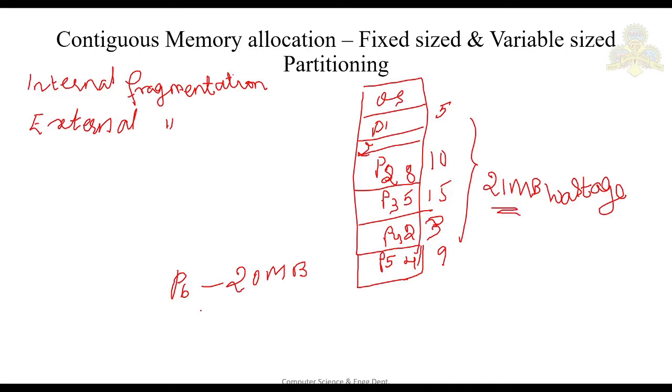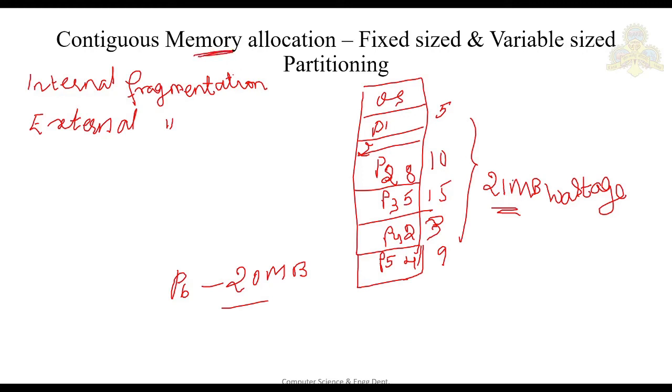You have one more process coming into the picture which is of 20 MB. That means out of 21 MB you can keep 20 MB, right? You can keep this process in the main memory, but you cannot keep it. Why can you not keep P6? Because even if the total free space or the wasted space is 21 MB, it is not contiguous. We are talking about contiguous memory allocation, remember?